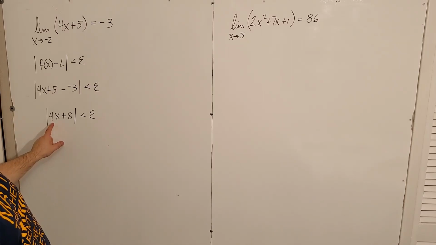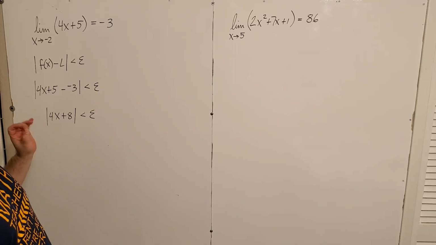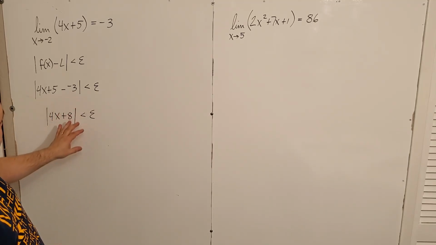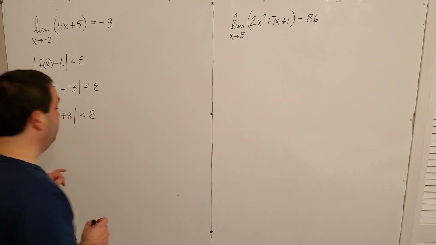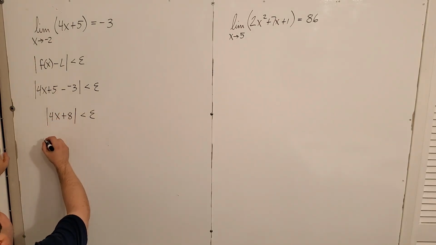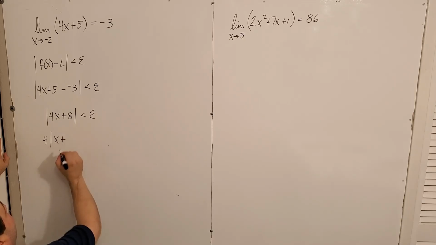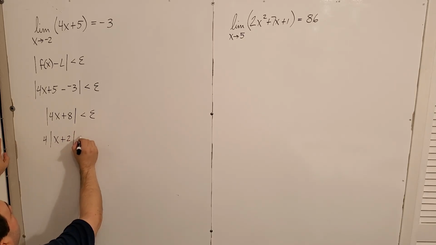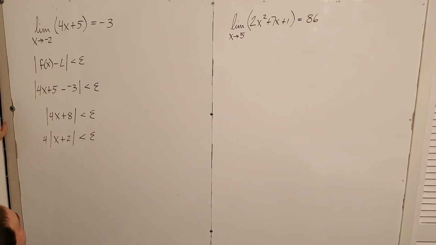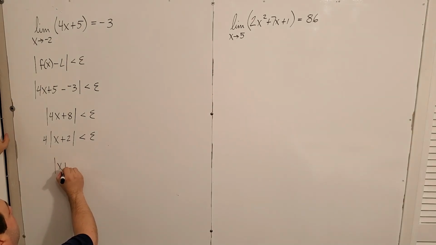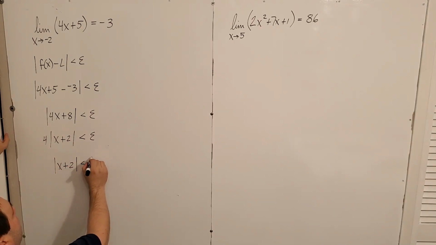And notice it's already starting to come together. Since I have the correct limit value, you can see this thing is already ready to factor out the 4. And since the 4 is positive, the absolute value is still 4. And I can do this. Then divide both sides by 4, and I get epsilon divided by 4.